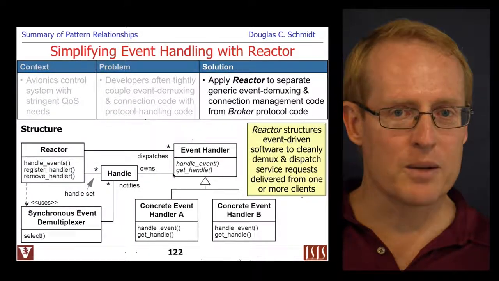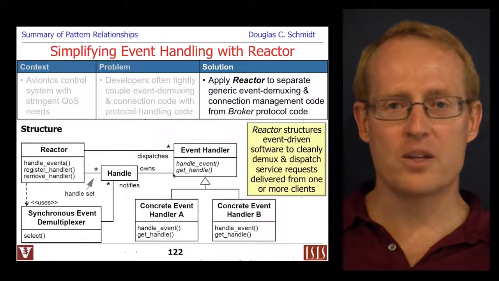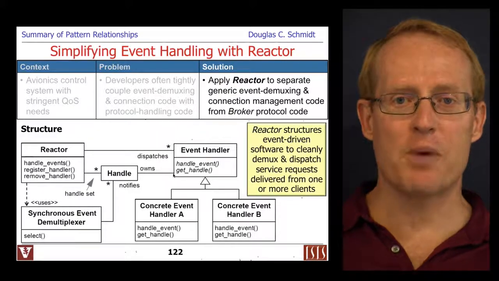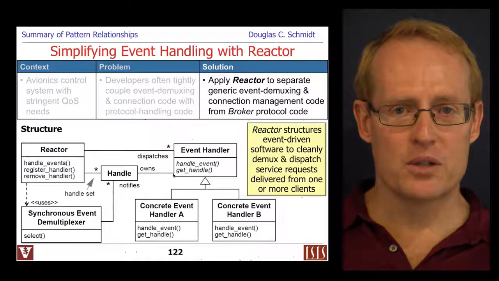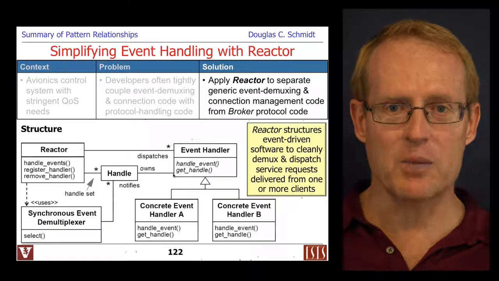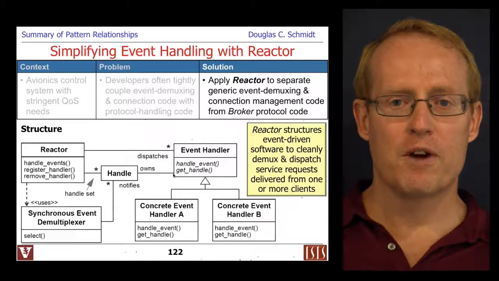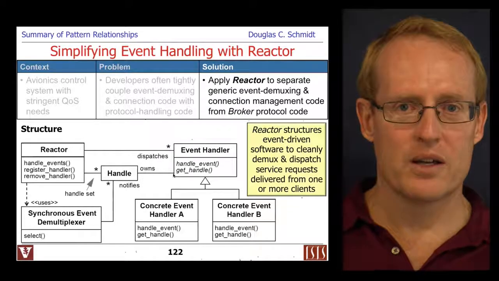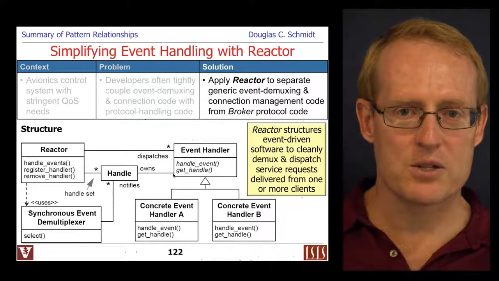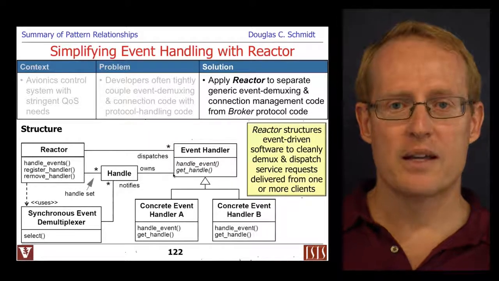So what's a solution we can apply? Well, one way to solve this problem, to keep things simple, is to apply the Reactor pattern in order to decouple the generic event demultiplexing and connection management behavior from the protocol code that the broker provides to communicate across the various processor boards or address spaces.